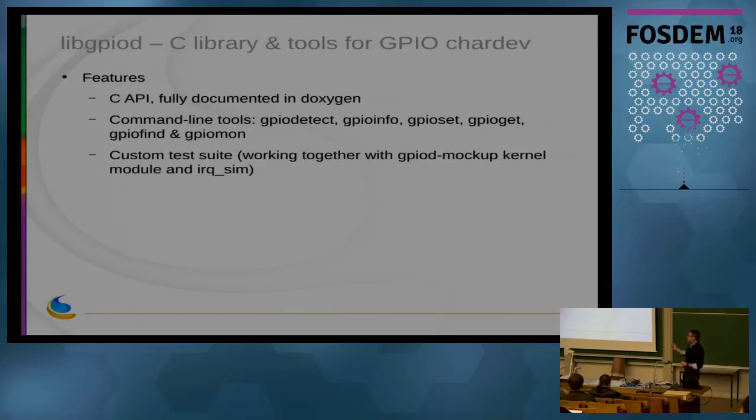I was thinking initially to use some available C unit testing framework, but it turned out that it was not possible because we need to work with the kernel module, we need to load it, unload it, then we need to wait for uevents to be able to detect the devices that show up. So the test suite is custom, but I run it on every kernel release to check that there are no regressions in the user API.